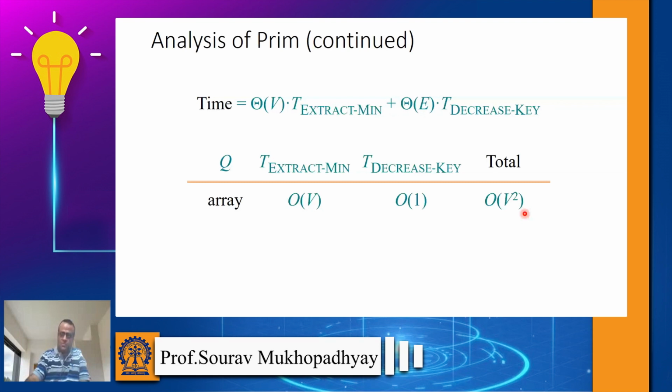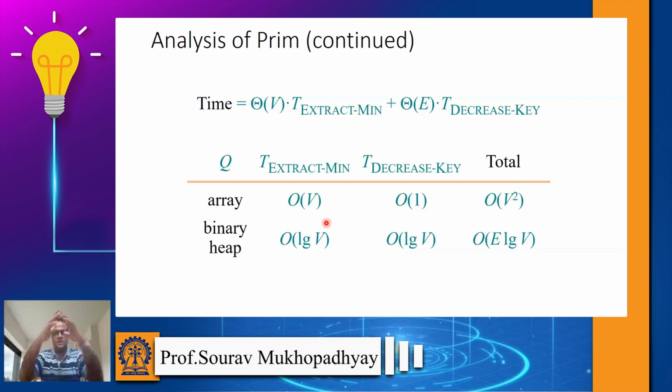But if we use the min heap, we know the binary heap, we have studied max heap in our course, but similarly we can talk about min heap, where instead of maximum we consider the minimum among the children. For that, the extract min will take, because the min is at the root, if we extract it, then again we have to apply min heapify.